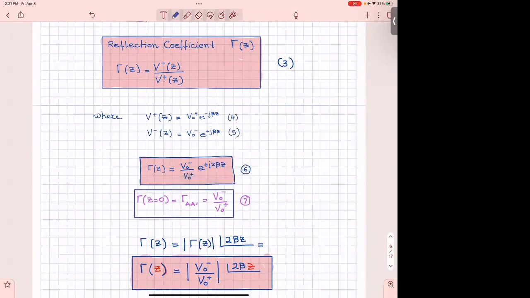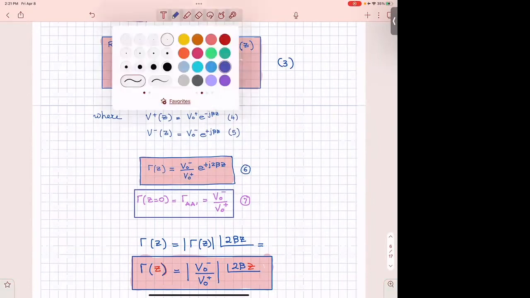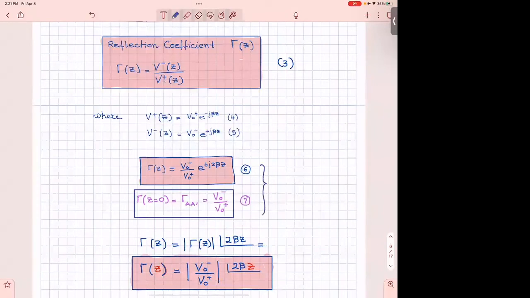That tells me from these two something very interesting: that gamma at any point on the line is equal to gamma at 0 e to the j to beta z. That's 1.